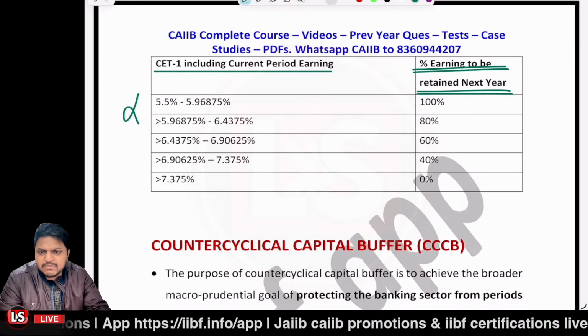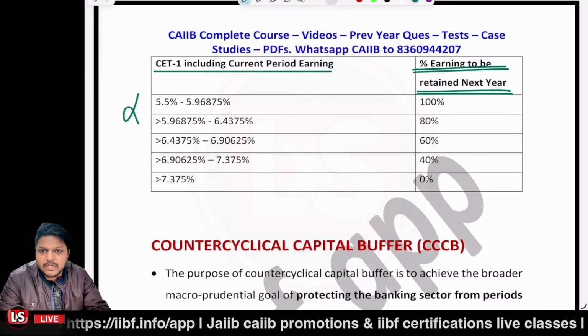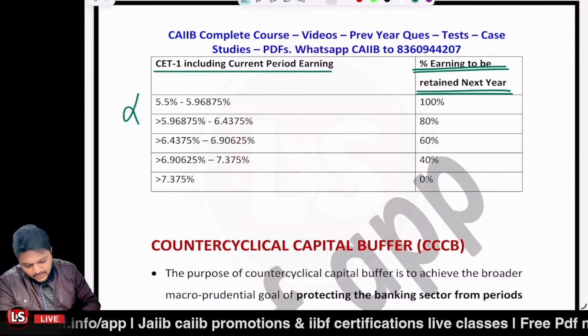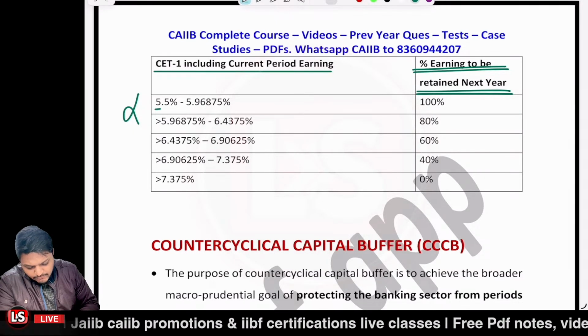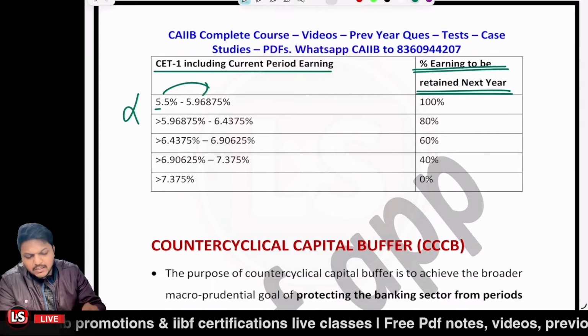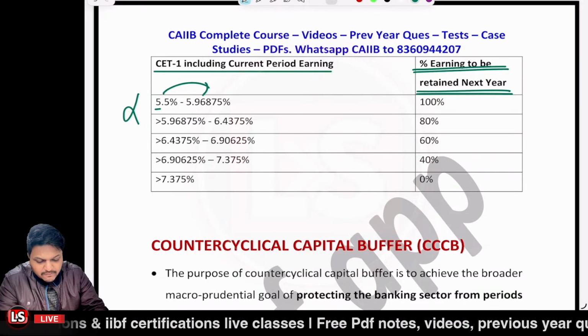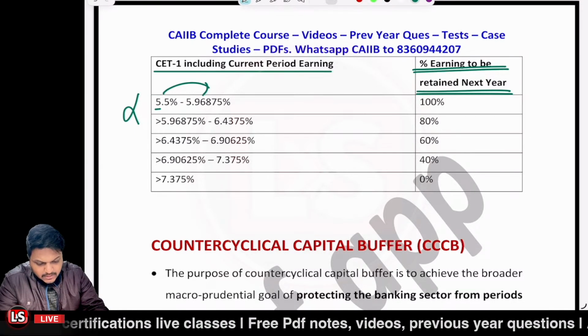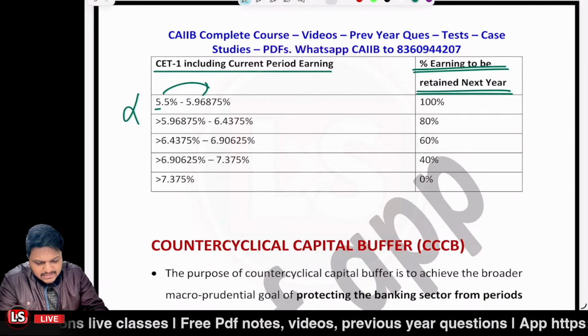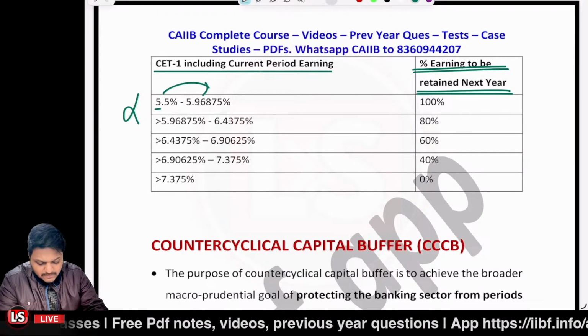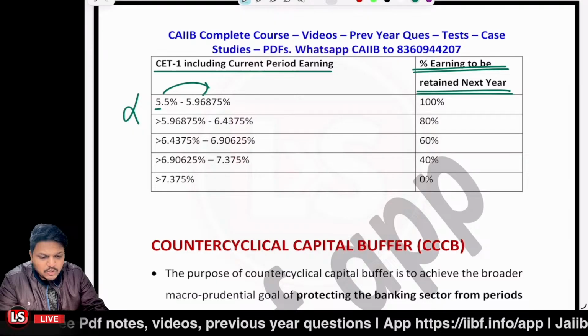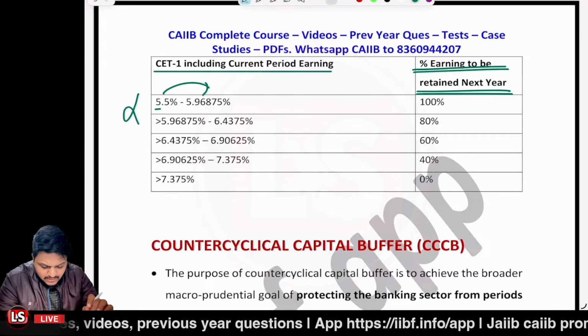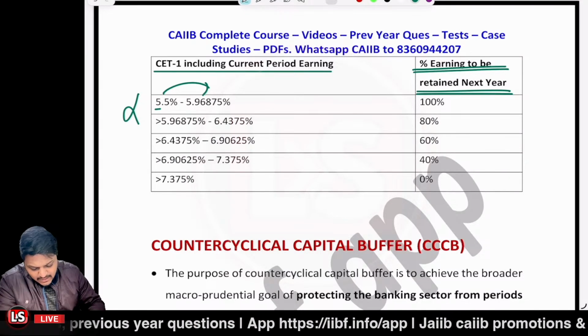That was the case. Just do not worry about it. Just remember that you are to subtract 5.5 from the first term: 5.96875 minus 5.5 equals 0.46875. And further, this is the range which is given over here.